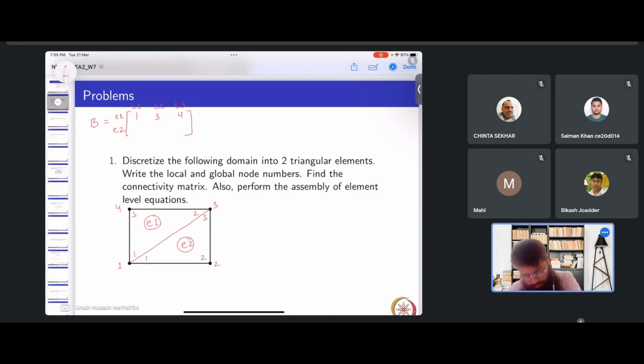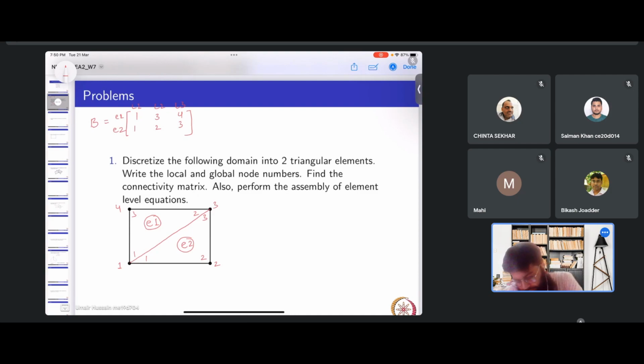For element 2, local node 1 is global node 1, local node 2 is global node 2, and local node 3 is global node 3. Okay, I hope there's no doubt with this. This is our connectivity matrix.